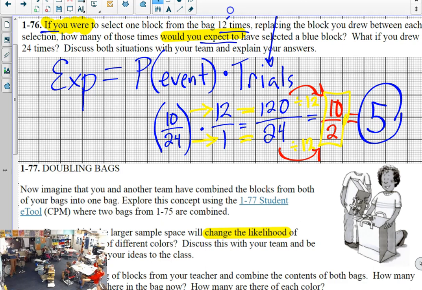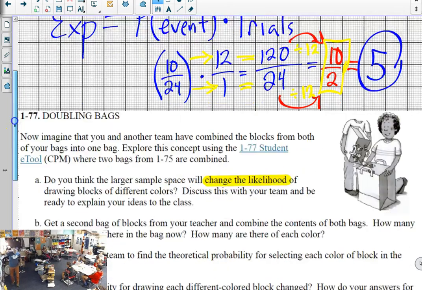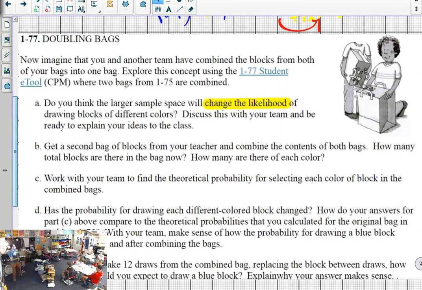Did you guys do it 12 more times? How many blues did you get then? 10. Wait, not 10, sorry, I mean 12. You got 12 total? So they actually swung the other way from their experimental probability being a little lower to their experimental probability being a little higher, which as you do more and more and more, you'll level out and come towards the middle.